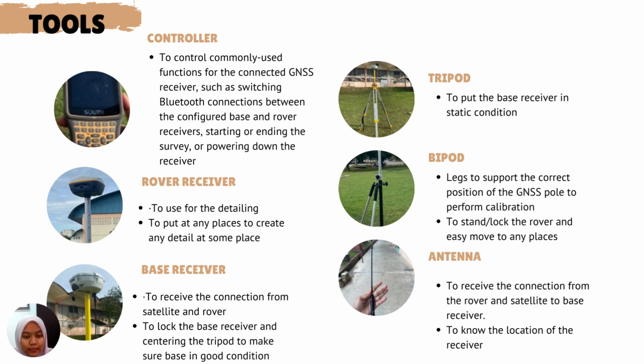Next is the base receiver, to receive the connection from satellite and rover. The base stand is to lock the base receiver and center the tripod to make sure the base has a good connection.